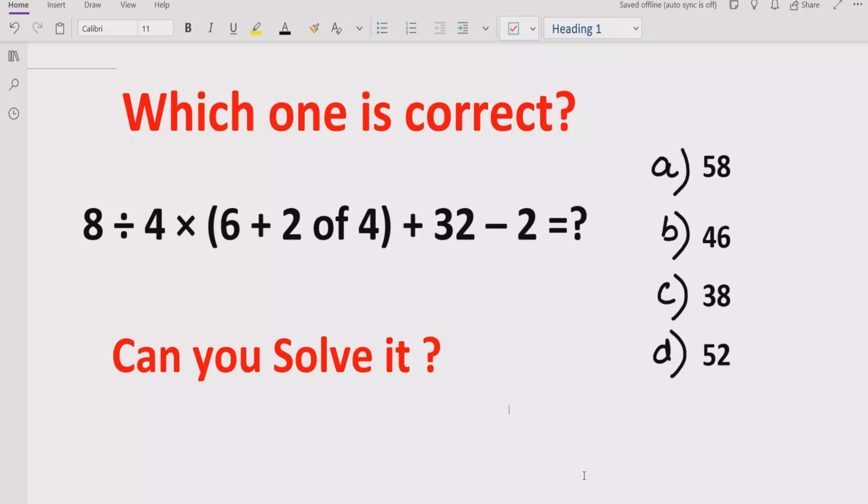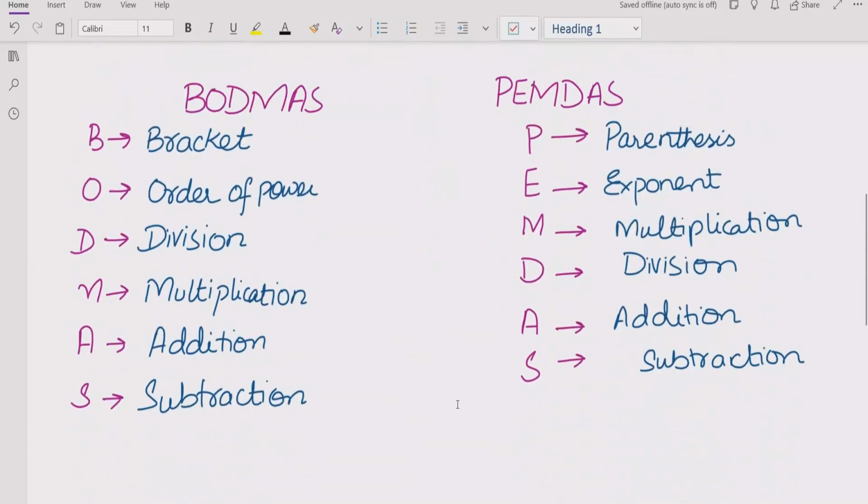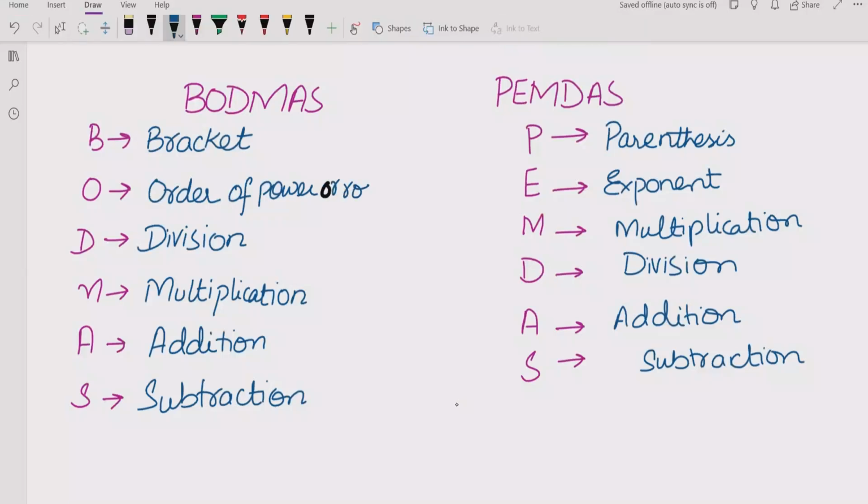Today I will use the PEMDAS method, but BODMAS and PEMDAS are both similar. You can see it on the screen. BODMAS is bracket, and P for parenthesis, order of power or root. Bracket can also be curly bracket or square bracket.